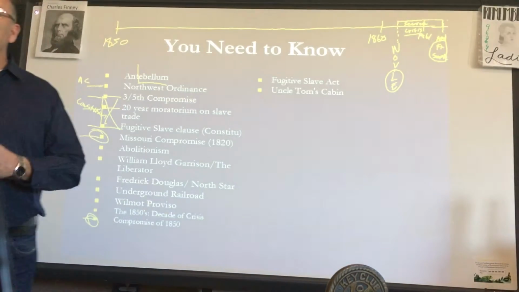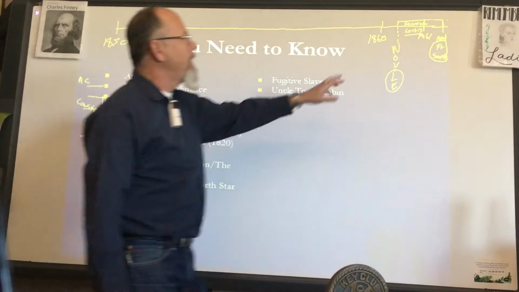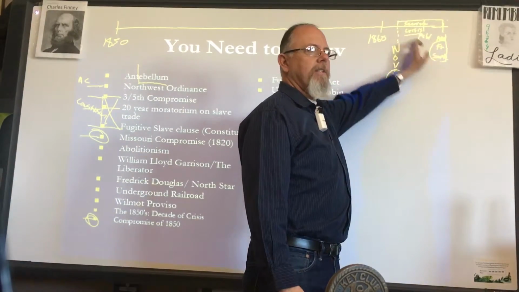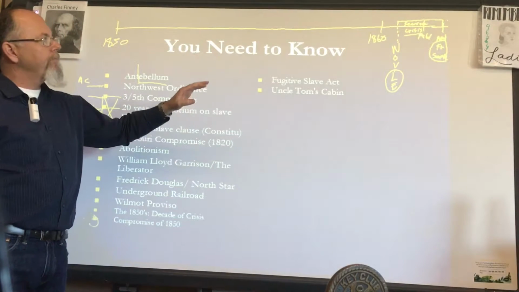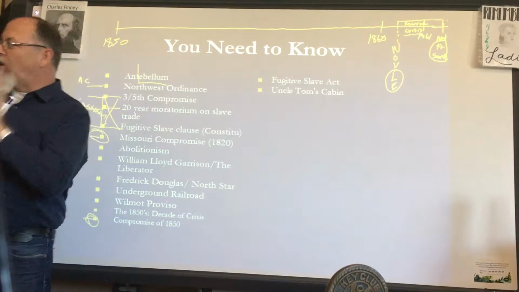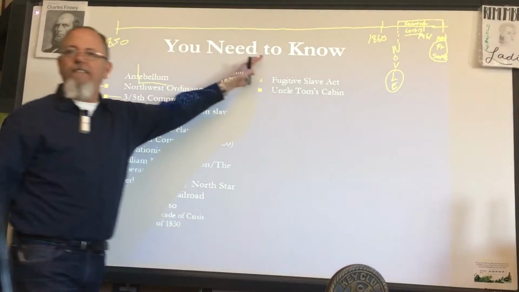So, in order to understand the Civil War, or at least the causes, go ahead, what's the question? What was that crisis called? Secession crisis. Remember seceding from the Union? Now, in order to answer the question, why did the southern states leave the Union, you have to know what goes on in the 1850s.